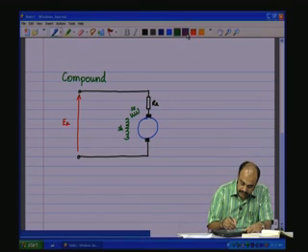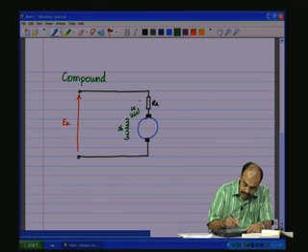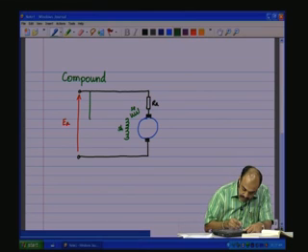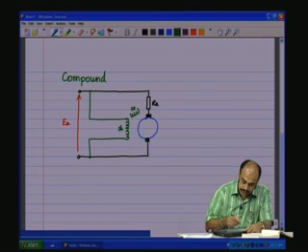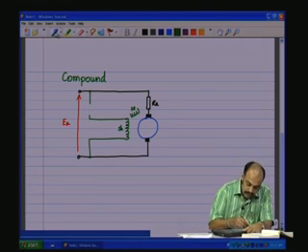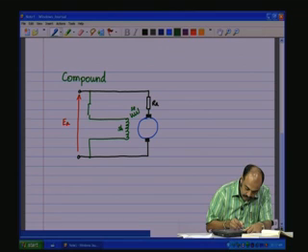The shunt winding and the series winding are connected in a fashion as shown, that is, we have the shunt winding which is connected across the applied source, and of course, we need to have an RF here, R shunt.